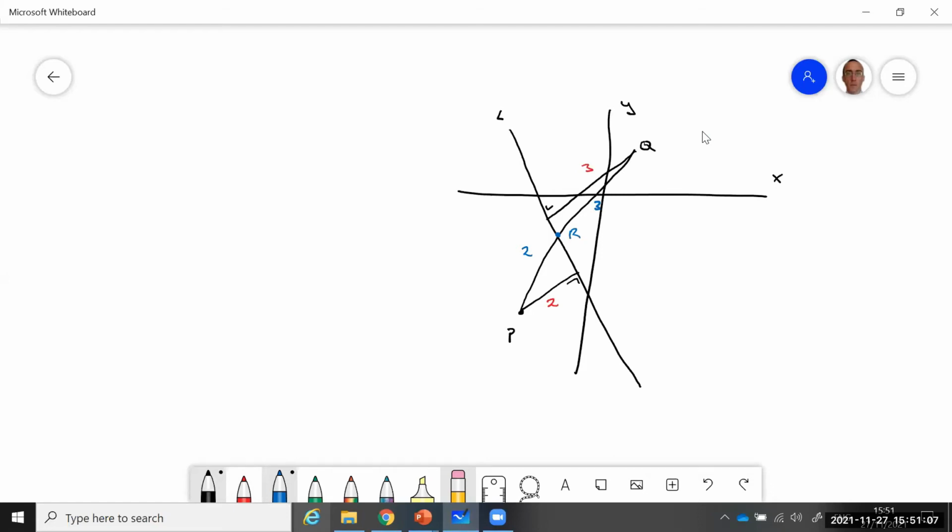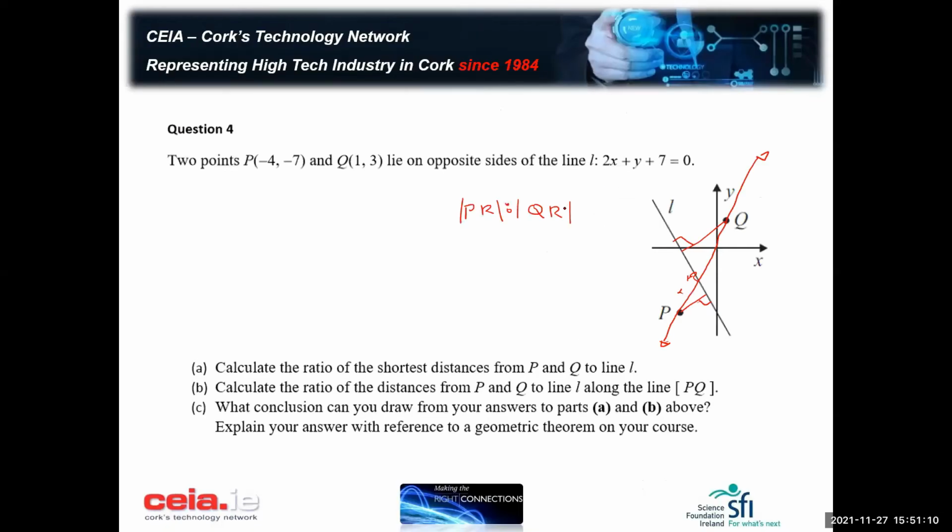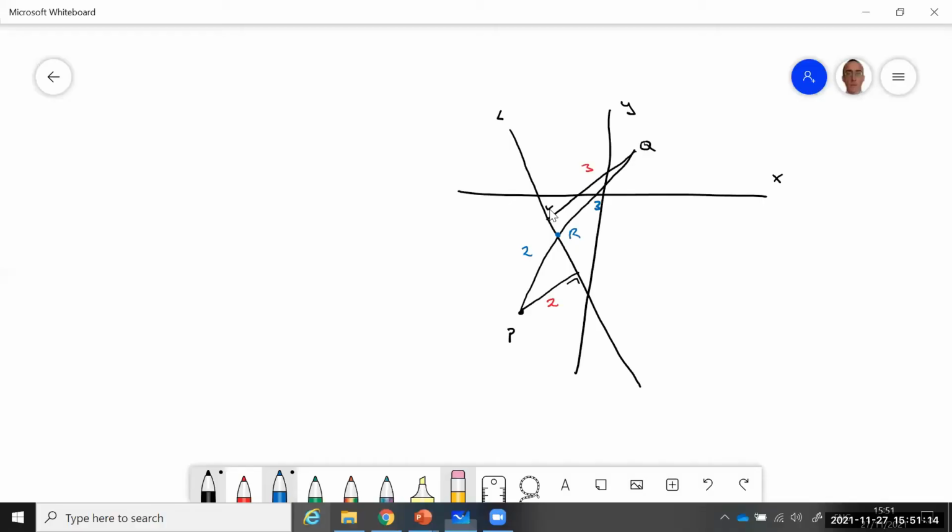So what conclusion can you draw from your answers to parts A and B above? Explain your answer with reference to a geometric theorem in your course.